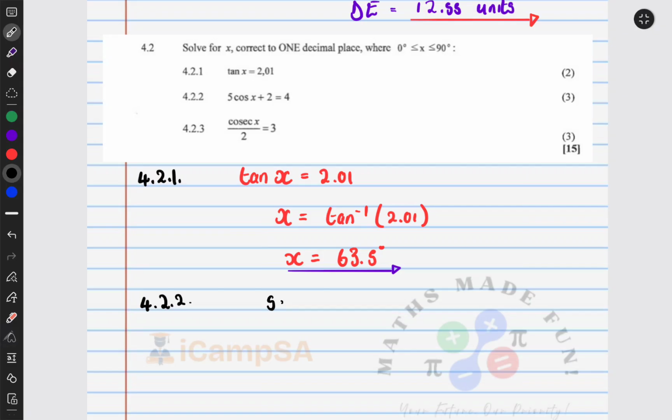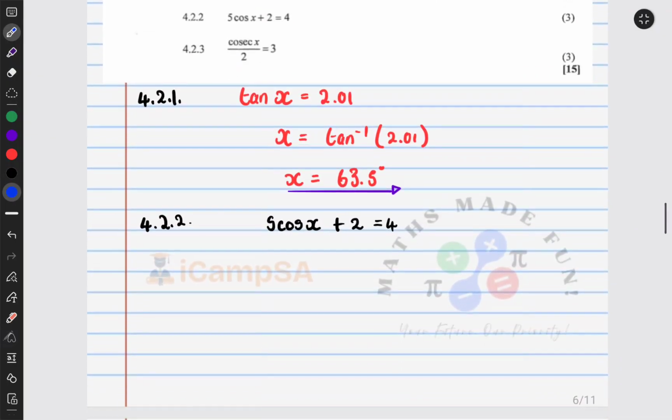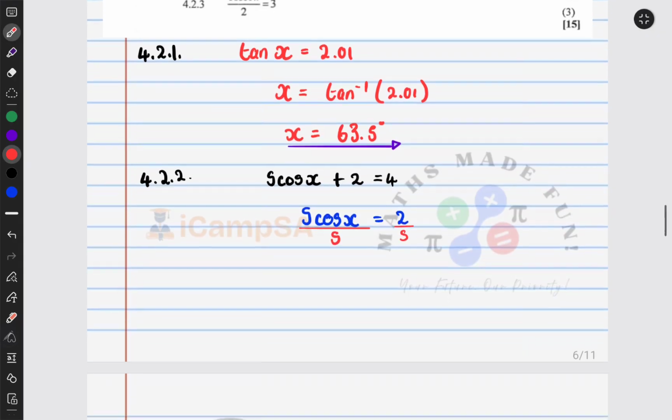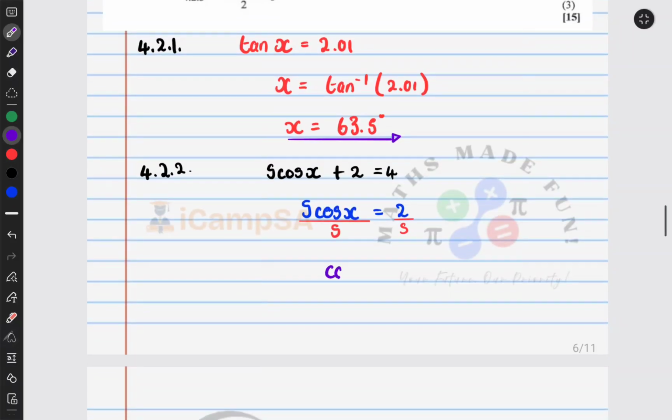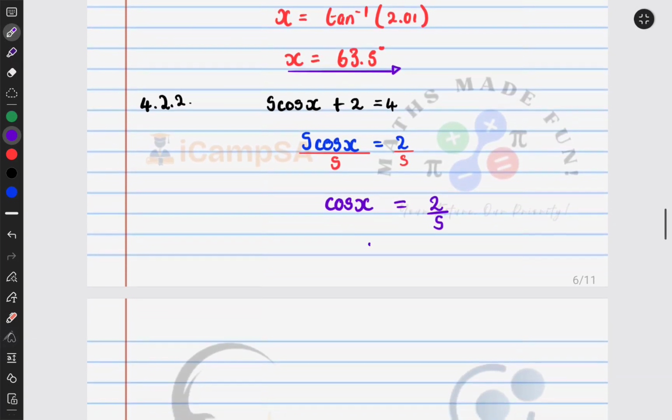Secondly, we have 5 cos x plus 2 is equal to 4. Okay, start by taking the 2 to the other side. We're gonna be left with 5 cos x is equal to 4 minus 2, which is 2. Then you divide by 5 on both sides. Cos x is equal to 2 over 5, and you have to isolate x now by taking cos to the other side.